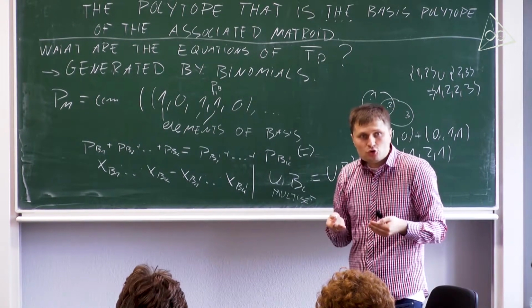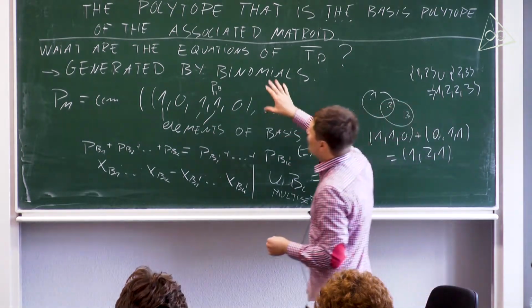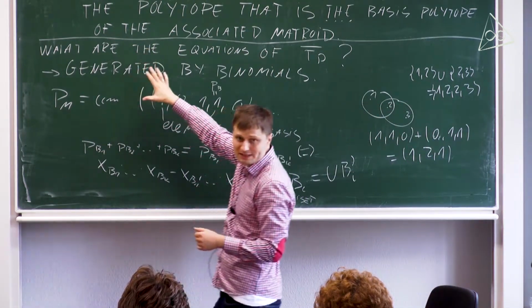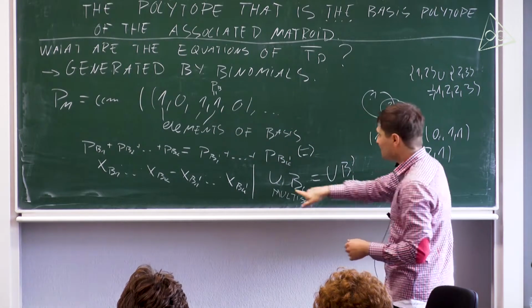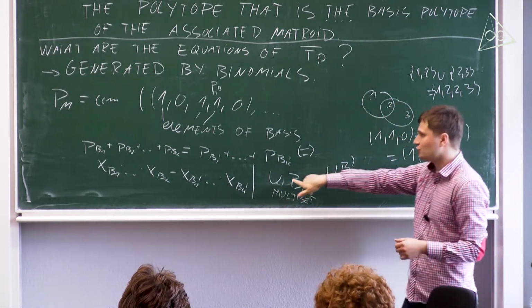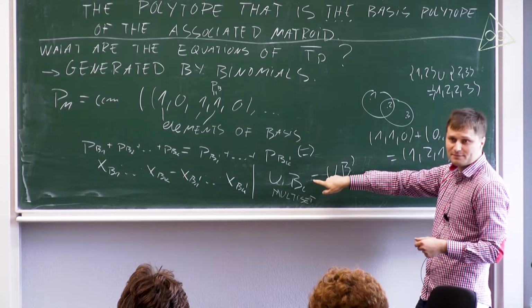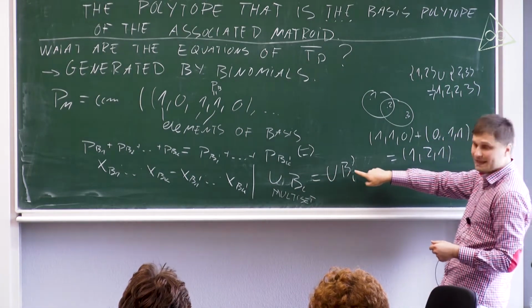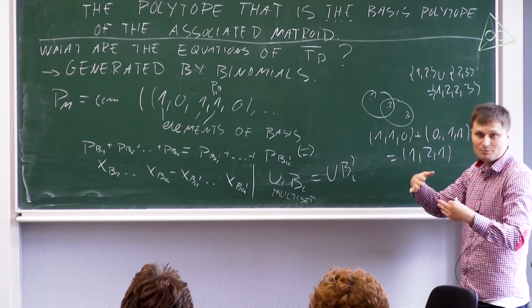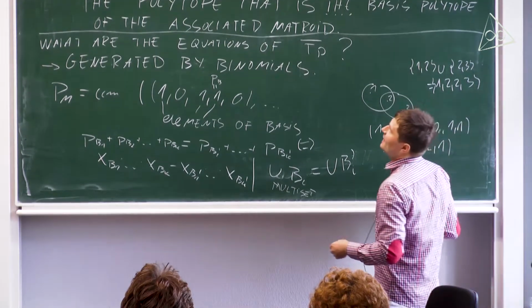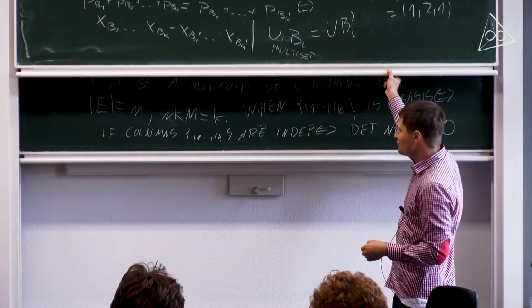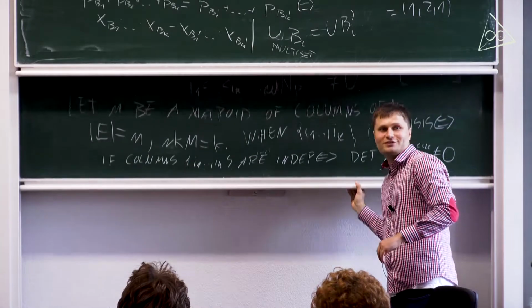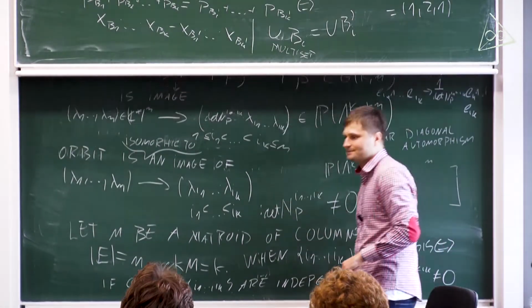So what we have proved so far is that the equations of the torus orbit closure correspond to such relations in a matroid that the union of certain bases is a union of some other bases as a multiset. And now I want to tell you that you already know a lot of quadratic relations for a matroid.